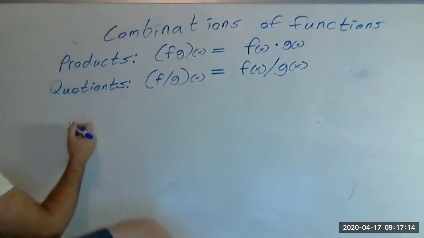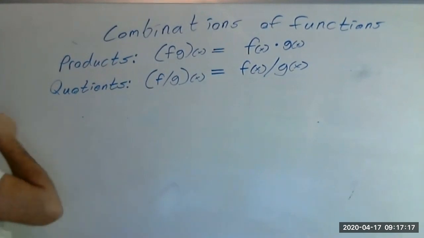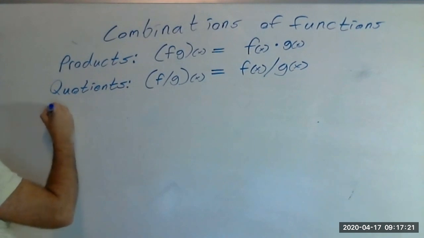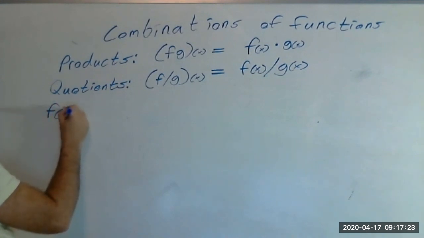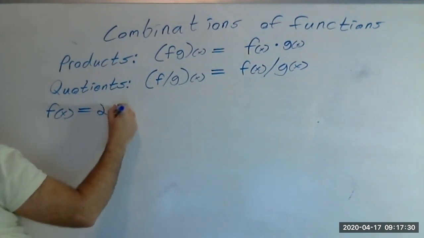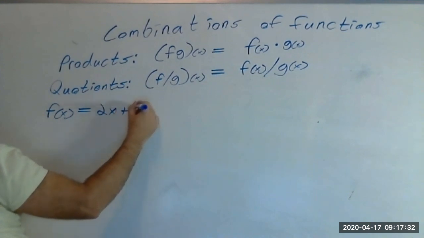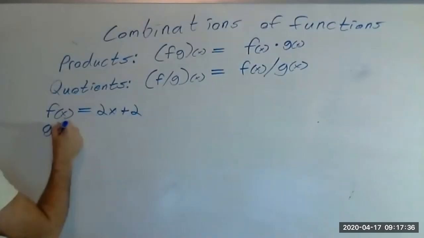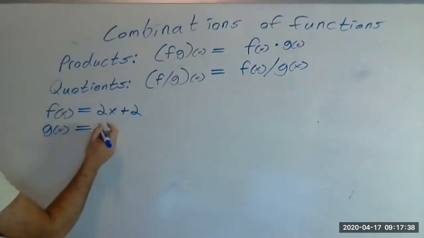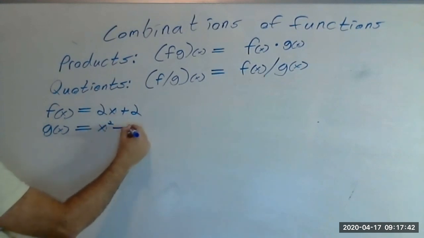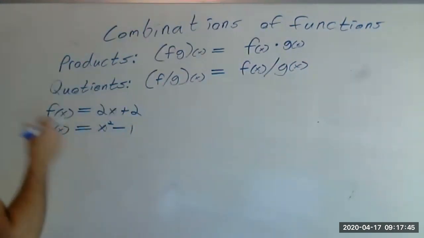All right, so let's say we have f of x equals 2x plus 2. g of x equals, I don't know, x squared minus 1.